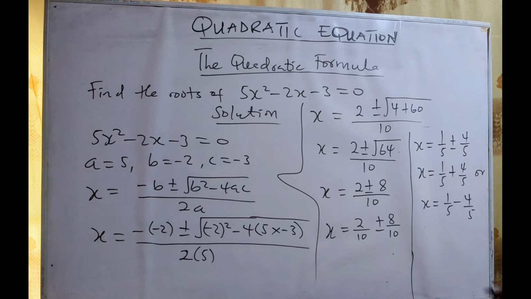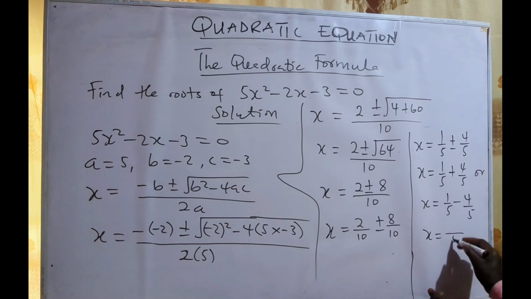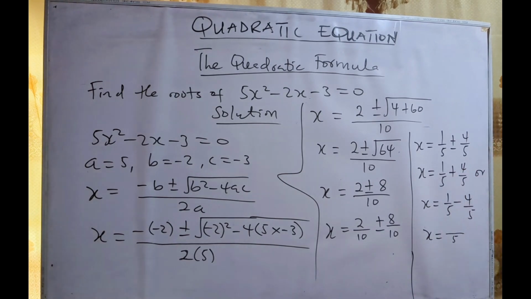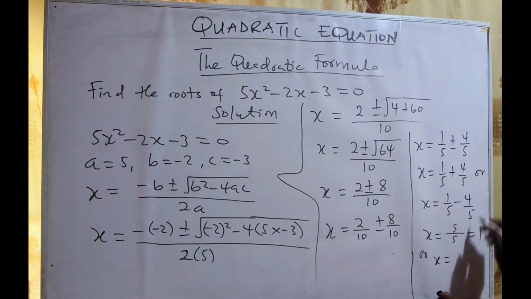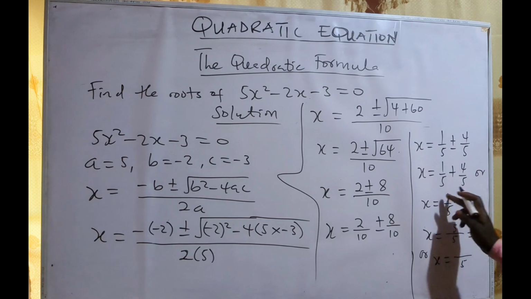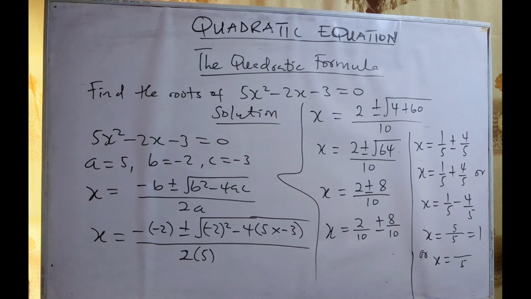Okay, so what is 1 over 5 plus 4 over 5? Our common denominator is 5. 1 plus 4 will give me 5 over 5, 1. Or my x, common denominator here is 5, 1 minus 4 is going to give me what? Minus 3.